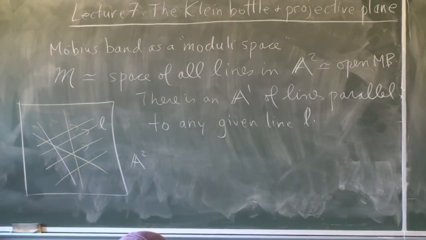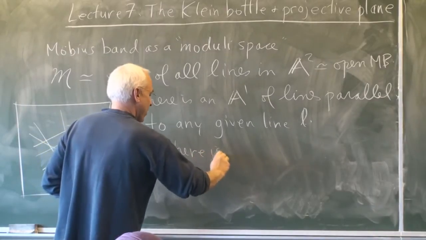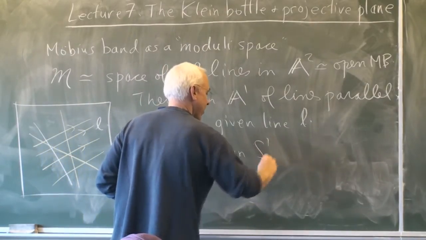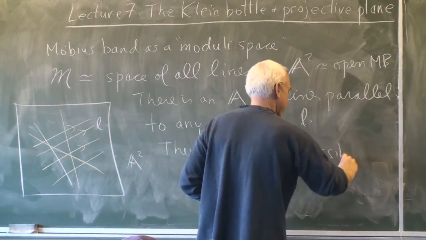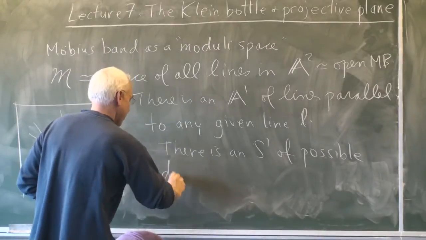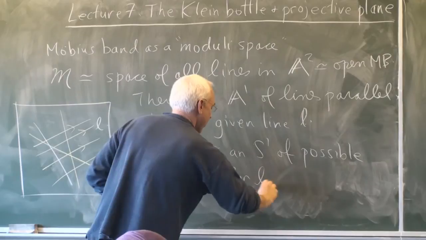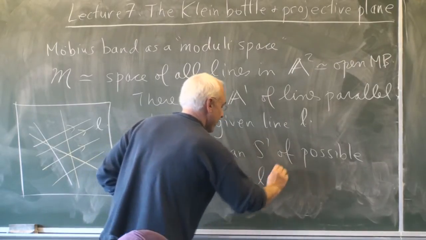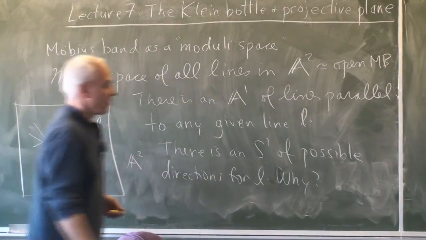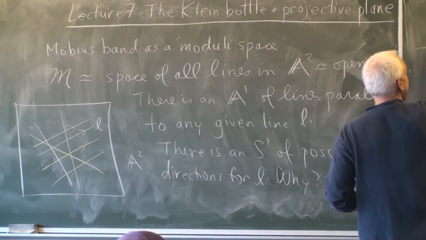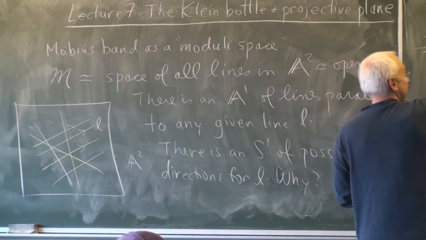Now how many directions are there for the line L? Well, there is an S1 of possible directions for L. Why is that? I have to remind you that the space of all possible directions in the plane is what we called the projective line.